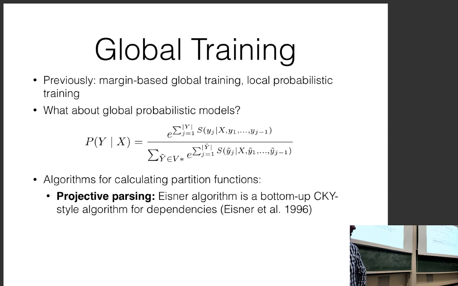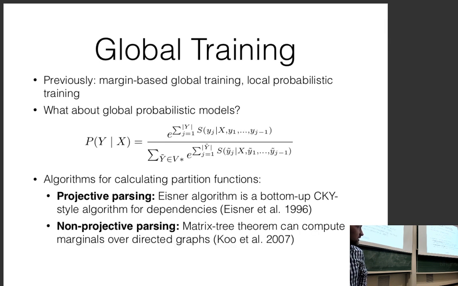For projective parsing, the Eisner algorithm, which I mentioned before, is a bottom-up algorithm for dependencies. With it, you can calculate this partition function and train the model exactly, by maximizing the probability of the correct tree. For non-projective parsing, there's something called the matrix tree theorem that can compute marginals over any directed graph.